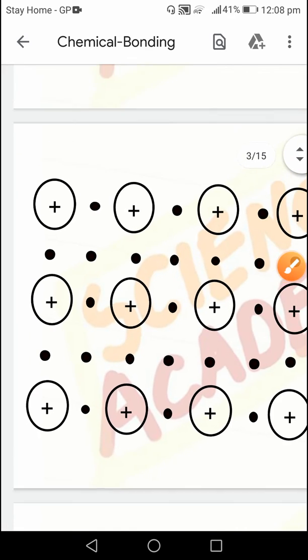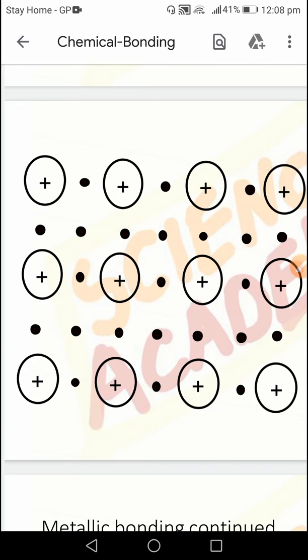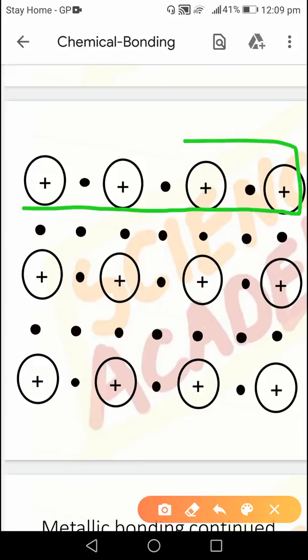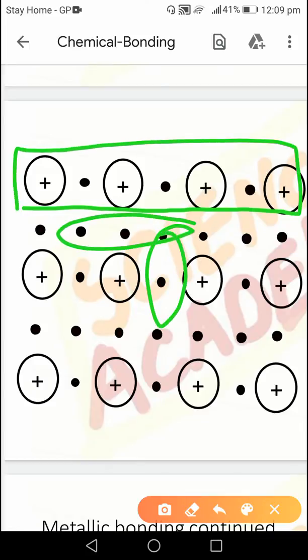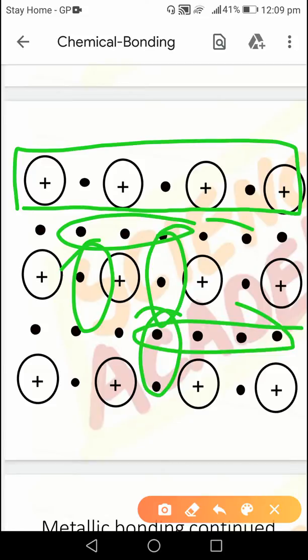So the overall structure of a metal is regularly arranged positive metal ions in layers surrounded by many delocalized electrons. It's like floating. For example, if you are a positive metal ion diving below the sea, then you are surrounded by water, a sea of water.